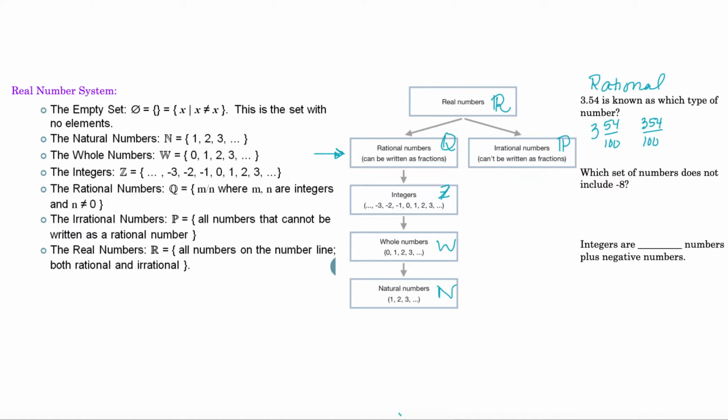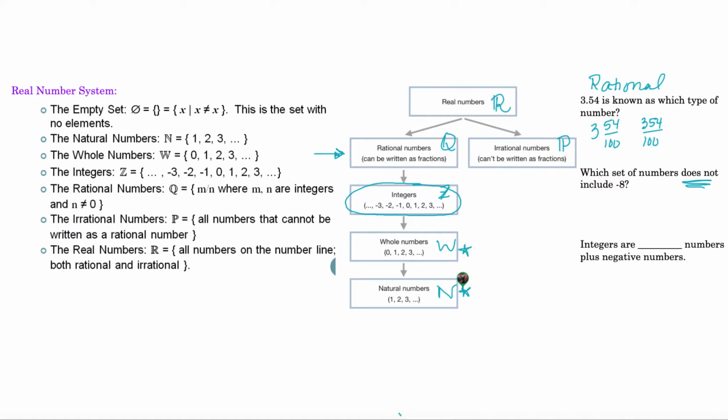However, which set of numbers does not include -8? Well, -8 is an integer, and if it's an integer, it's also a rational number. So it does not include whole numbers, and it does not include natural numbers.